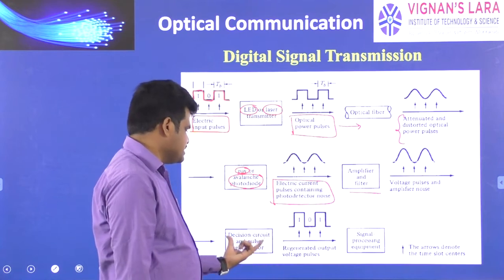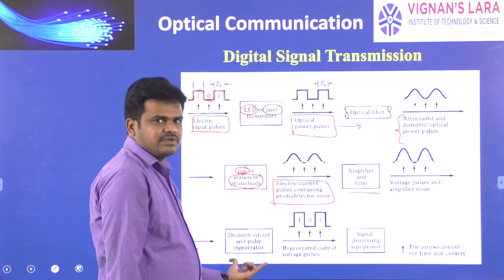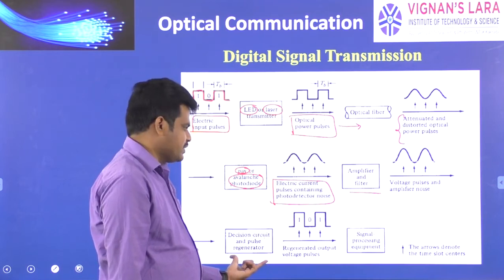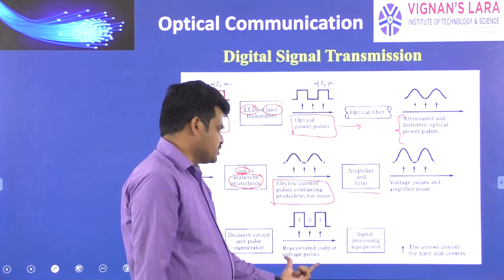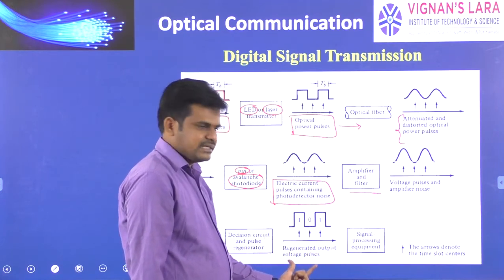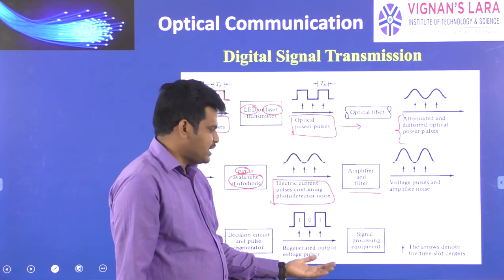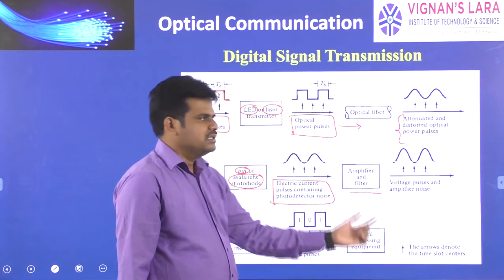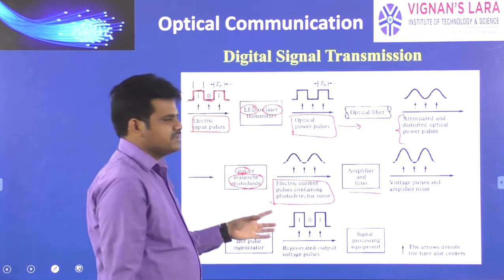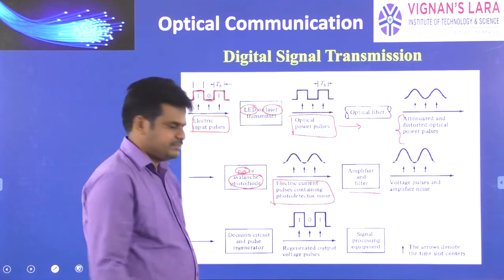It will regenerate the output voltages above the threshold level and give them to the signal processing equipment. This is the digital signal transmission that occurs in a digital optical fiber link.